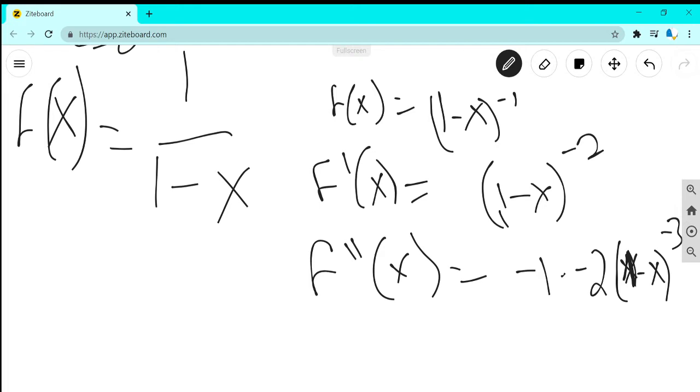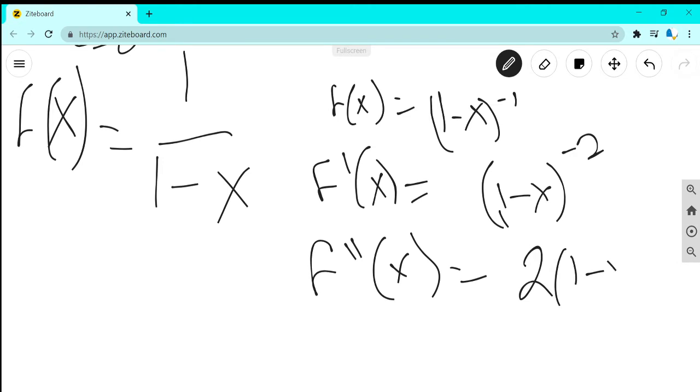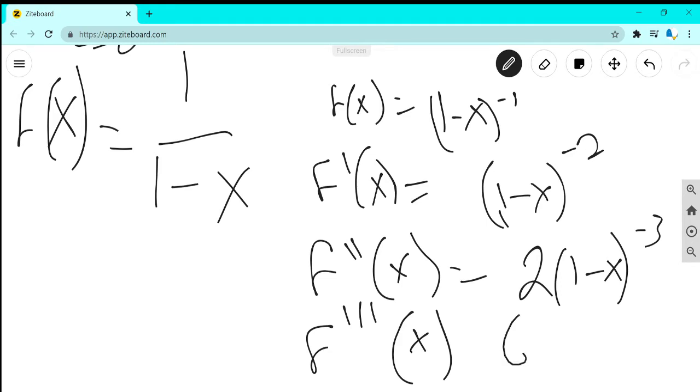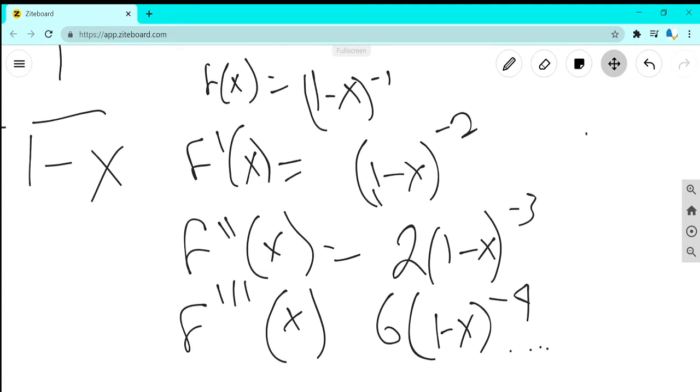And that just becomes 2 times 1 minus x to the negative 3. Now the third derivative is going to be negative 1 times that, which is negative 6 times negative 1, which is 6, times 1 minus x to the negative 4, and it's going to keep going on. So you're just going to have these terms.